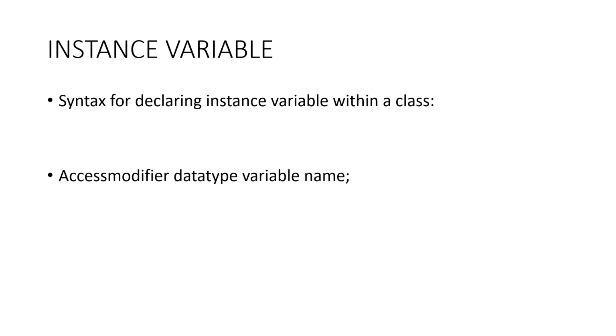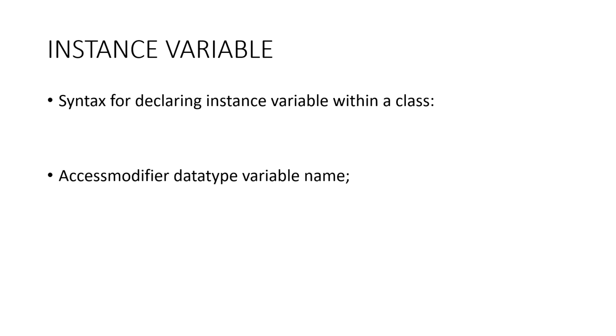We include the access modifier now because we are declaring it within a class. We talked about this also in study section 1. The access modifier can be public, private, or protected. So we have different access modifiers.